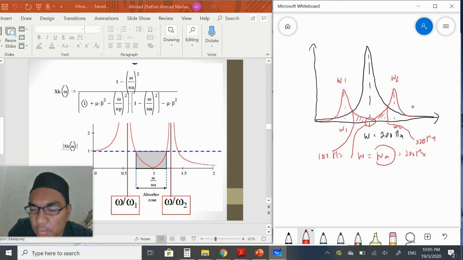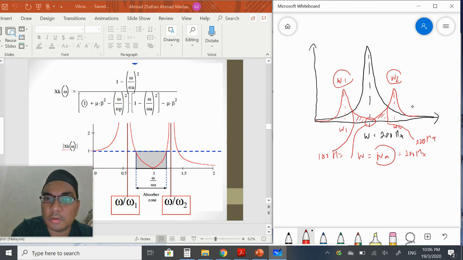When the operating frequency is shifted, you must confirm that the frequency range does not exceed 180 or 220 hertz, unless it will excite the newly induced natural frequencies omega 1 and omega 2, and it will become resonance again. That's the thing that you have to be alert about.